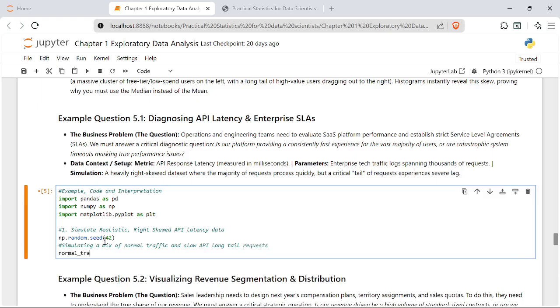Normal traffic equals np.random.normal, loc equals 150, scale equals 40, size equals 7000.